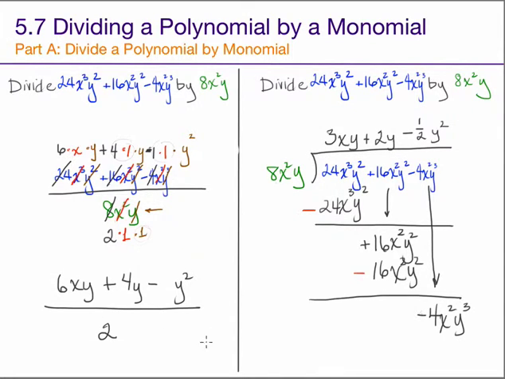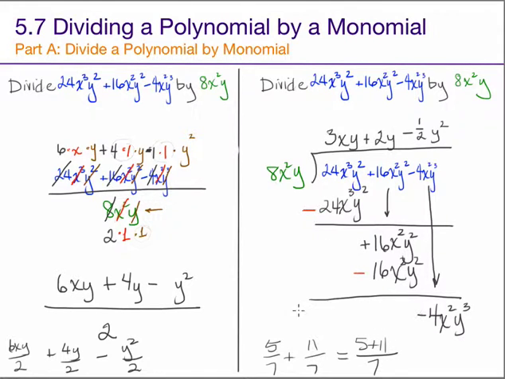I could rewrite this fraction as 6xy over 2 plus 4y over 2 minus y squared over 2. If I had 5/7 plus 11/7, and I asked you to add those together, hopefully you'd say, well, that's just 5 plus 11 over 7. Except instead of going this way, I went this way.